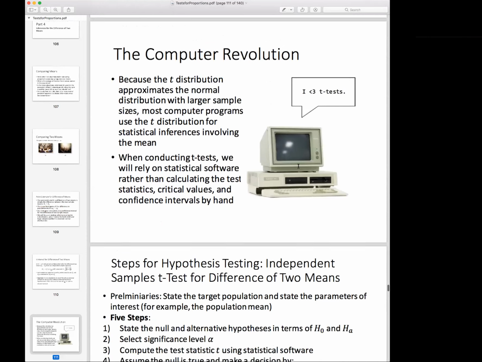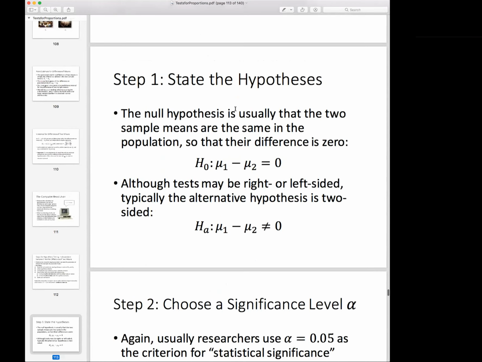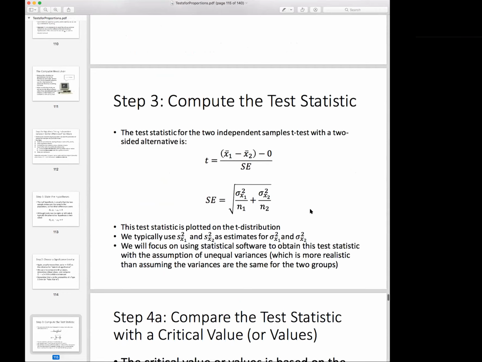So we can use R in order to calculate this and to run a hypothesis test. So to state our hypotheses, we'll be looking at our null hypothesis, which says there is no difference between the two means. The alternate says there is a difference. We'll choose a significance level alpha and compute the test statistic.